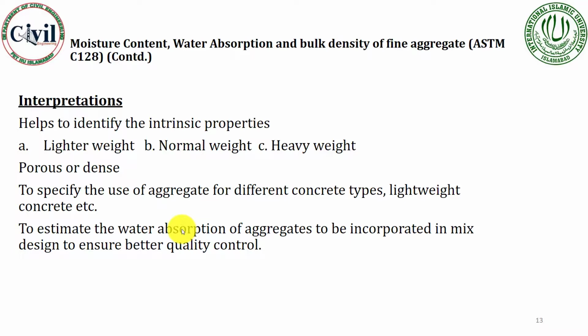To avoid any flooding in concrete, so that undesired properties like shrinkage and bleeding can be minimized in concrete. So it's very important to have accurate water absorption and specific gravity of aggregates for the calculation of mix design constituents, or to estimate the quantity of fine aggregate present in the mix.